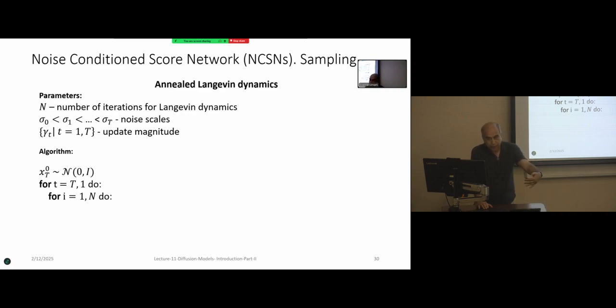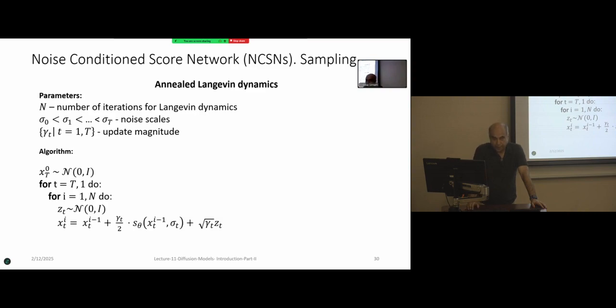One is for the time t, the other is for i from 1 to n, and we sample zt. The Langevin equation I told you about is used, the only thing is we have introduced sigma t here, which is the noise we are adding, and we get xt i minus 1. We go through each of these iterations for all the noise levels, and at the end we get x0. So it's very similar to what we discussed before for DDPM.